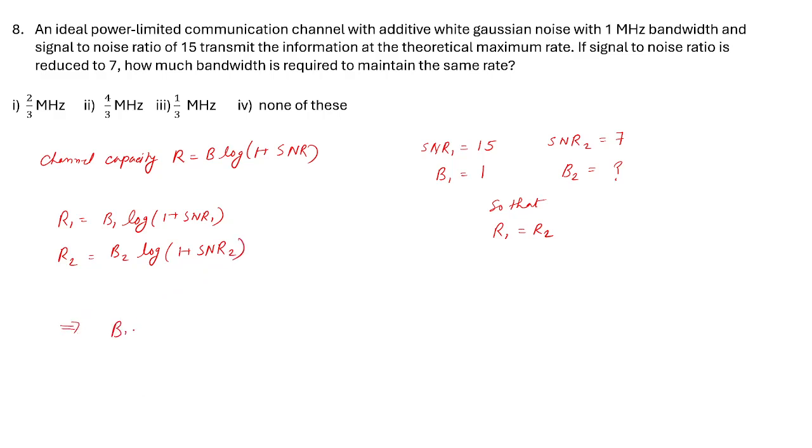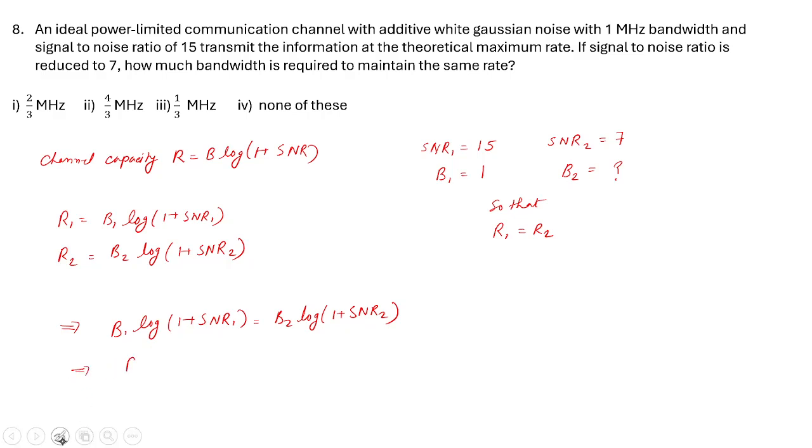By the problem statement, we should have both rates equal. So B1 times log of 1 plus SNR1 is B2 times log of 1 plus SNR2.